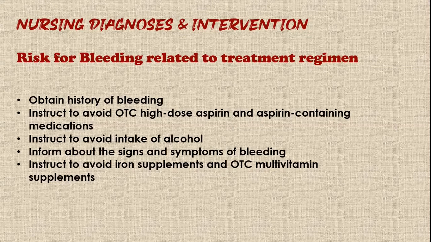Instruct the patient to avoid intake of alcohol, inform about the signs and symptoms of bleeding, and instruct to avoid iron supplements and over-the-counter multivitamin supplements because the iron can further stimulate RBC production.